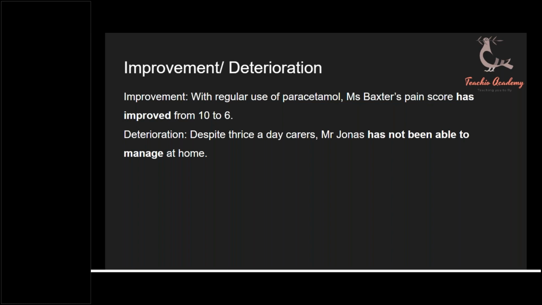With regular use of paracetamol, Miss Baxter's pain score has improved. Despite thrice-a-day carers, Mr. Jonas has not been able to manage at home. So, with something, something has not improved. With something, something has improved.